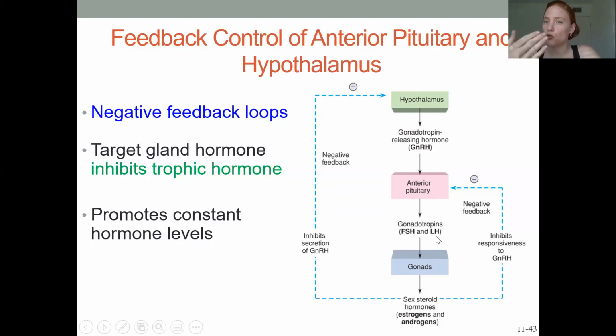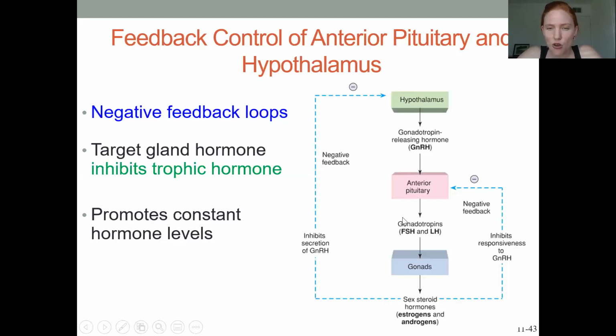Both of those will be secreted into the bloodstream, and once they're in the bloodstream, they'll travel around until they get to the gonads. The gonads will be where the receptor will be found. And these are steroid hormones. Do you remember what that means? It means that they are lipid soluble. And if they're lipid soluble, where is that receptor going to be found? Inside of the cell.